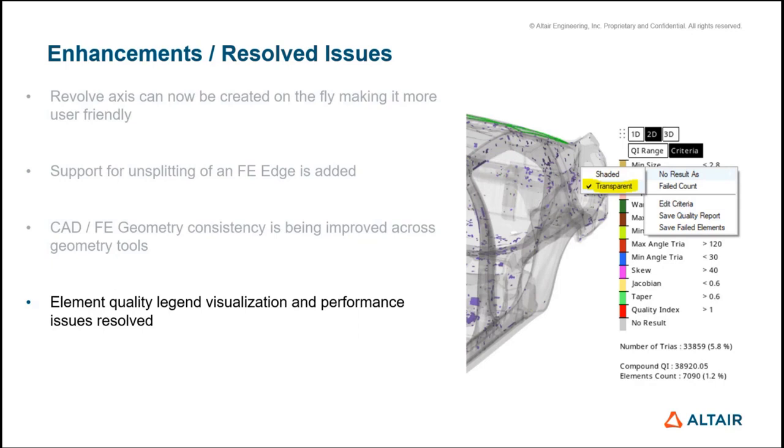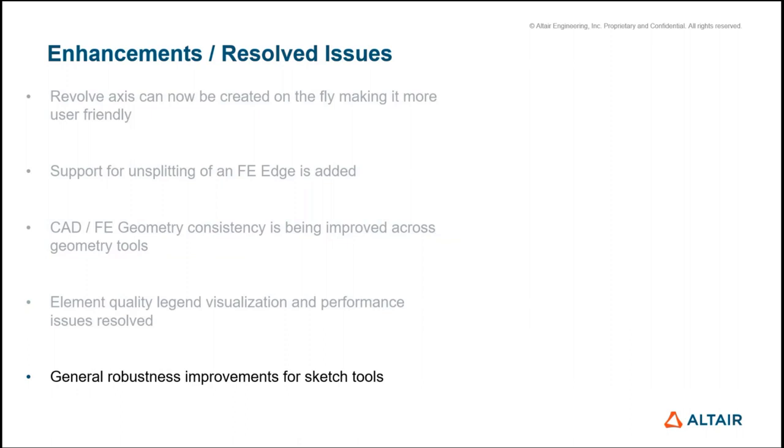We are now making sure that 1D, 2D, and 3D from the visualization perspective and performance perspective are on par, and it's working fine. We also did quite a bit of improvements from the small RFEs and bugs for sketching tools. You can actually see the geometry in the background. So we have done quite a few improvements to the sketch tools as well.